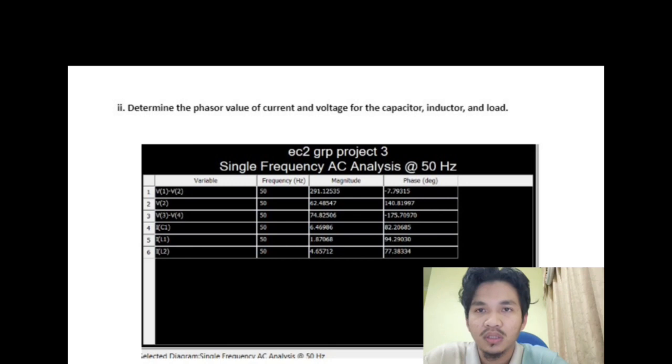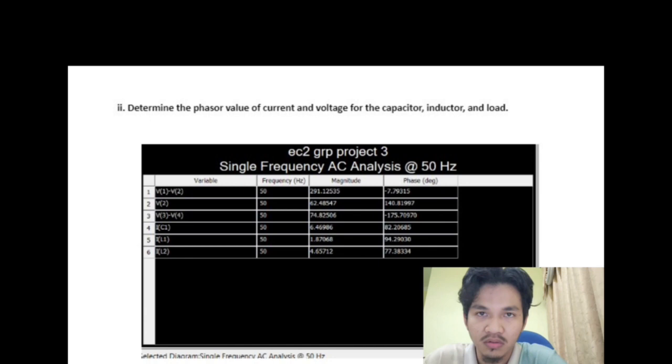And for the Z load, it is 62.845 volt with 140.819 degree. And for the current across it, we get 4.657 ampere with 77.383 degree.